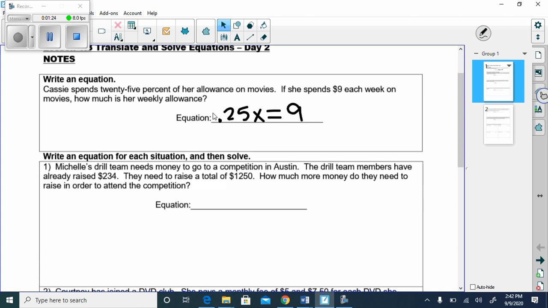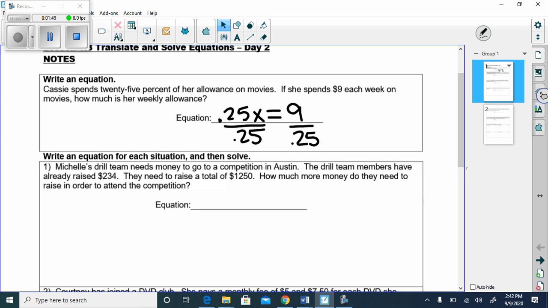Then if we solve for that variable, we'll be able to see how much it really is, right? Okay? So if I'm trying to solve, what do I do? I get X by itself. Divide by 0.25. It says 0.25 times X, so the opposite would be to divide.